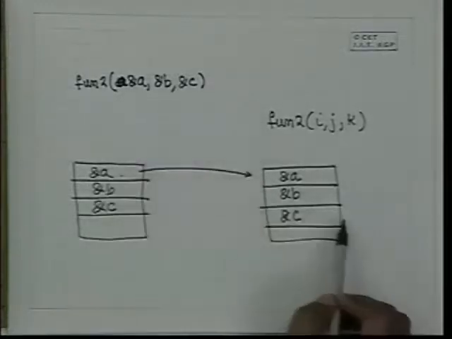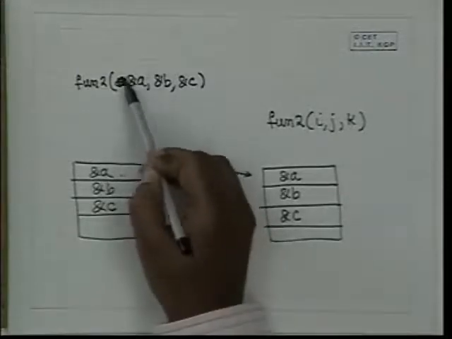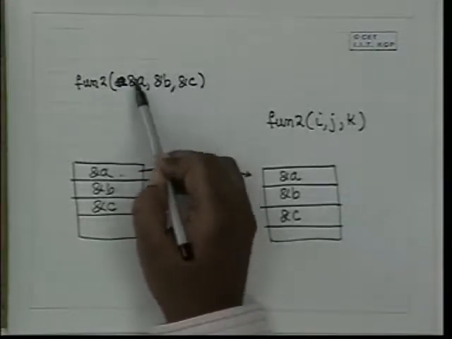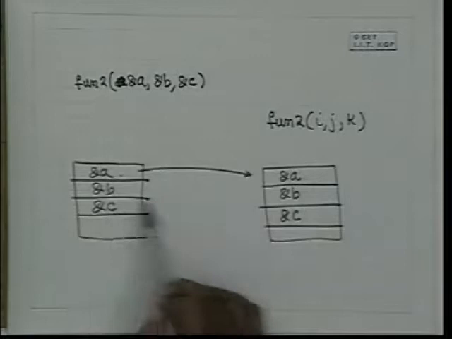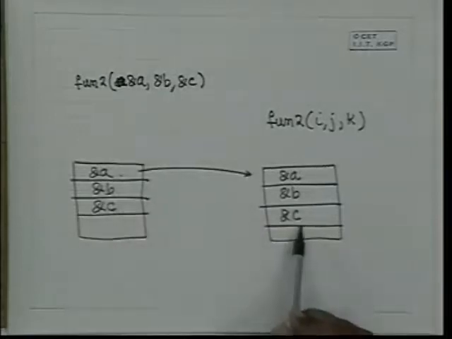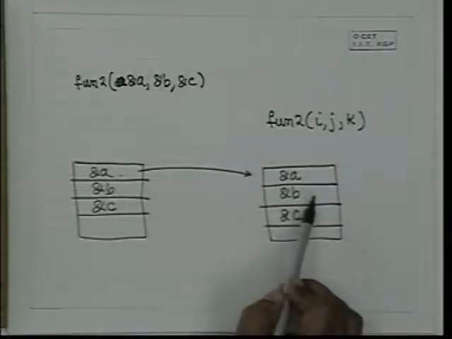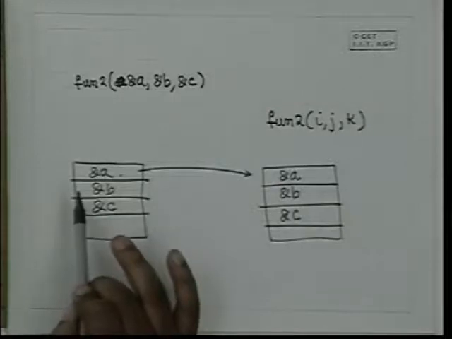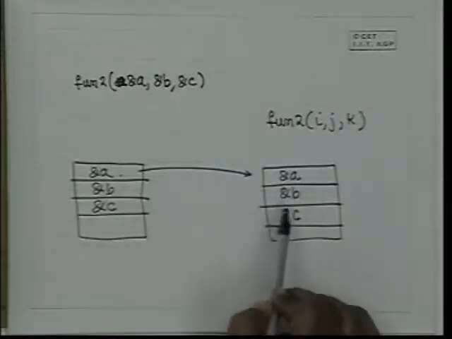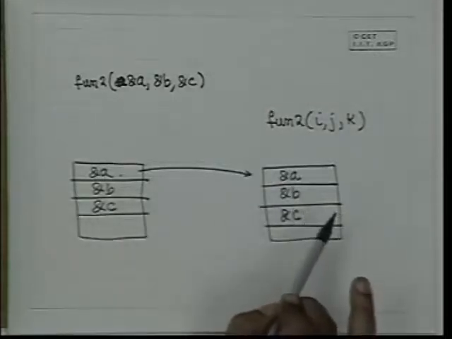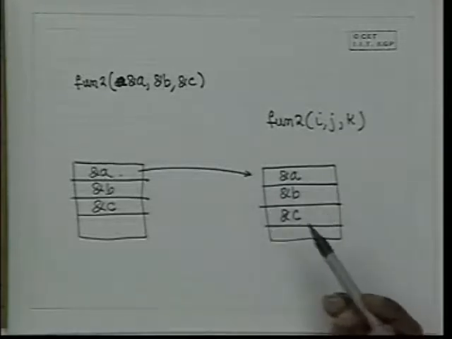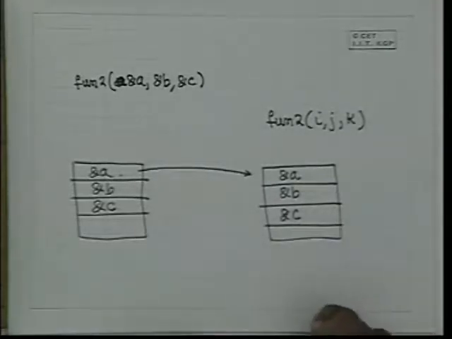These are the parameters. What is the value of &A? &A means the address of A. So once this is copied in here, it does not matter whether it is copied back or not. What I am going to do is I am going to modify the contents inside. So those contents are going to change anyway, and I am going to get it back reflected.